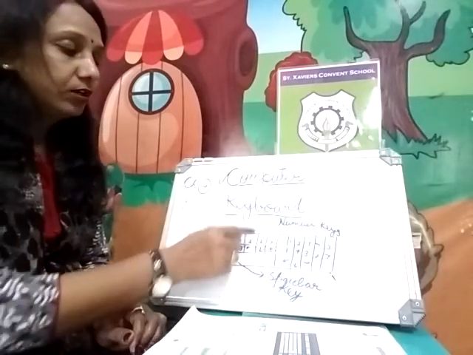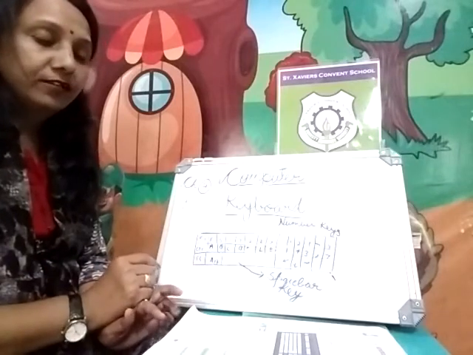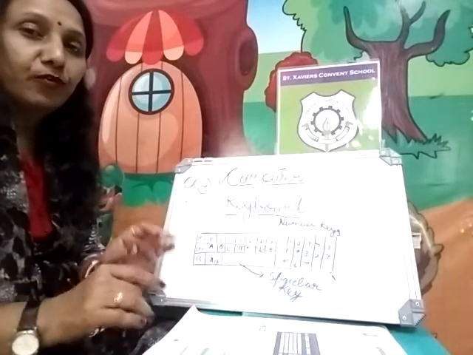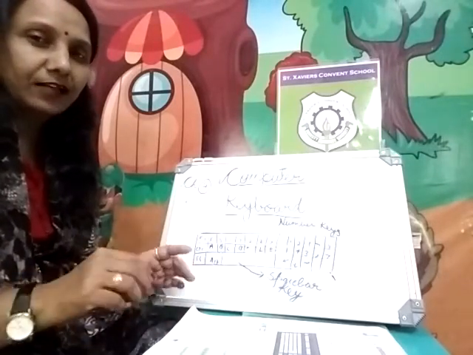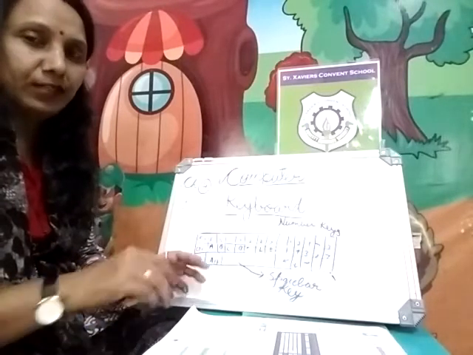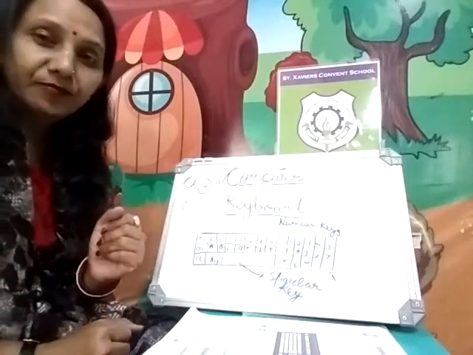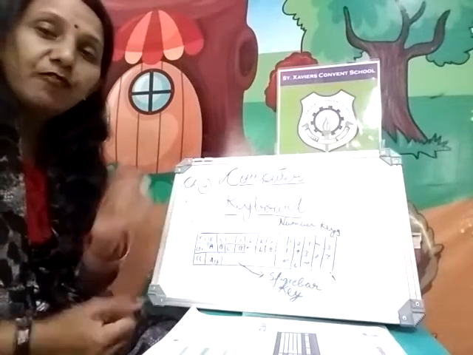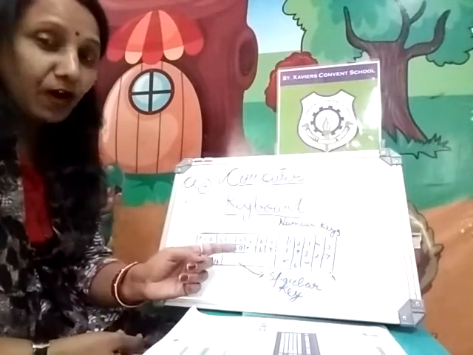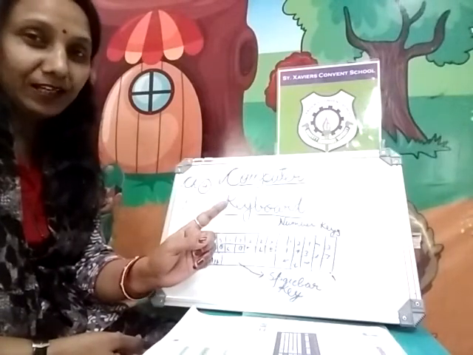Now, if you want to write numbers like 1, 2, 3, 4, or 14 and 12 in between your messages, your matter, how will you write these numbers? With the help of number keys only.